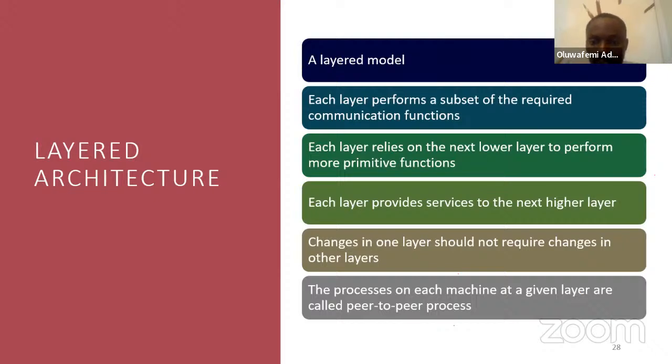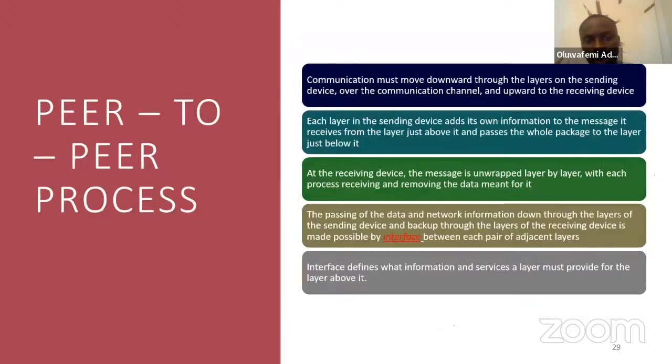Changes in one layer should not require changes in another layer. The processes on each machine at a given layer are called peer-to-peer processes. Communication must move downward through the layers on the sending device, over the communication channel, and upward to the receiving device.